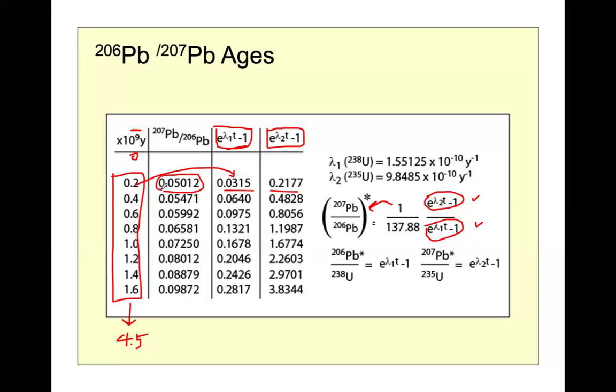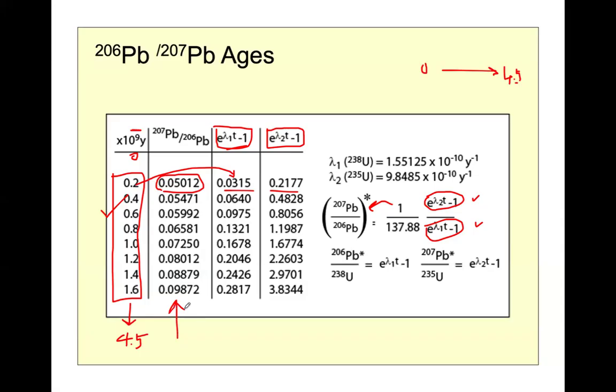So that means you can fill this table. You just want these arbitrary age values. You can start from 0 to 4.5, and then you have a series of values that will give you this ratio as the radiogenic ratio.